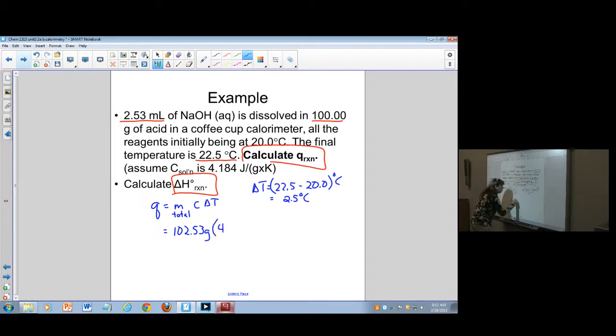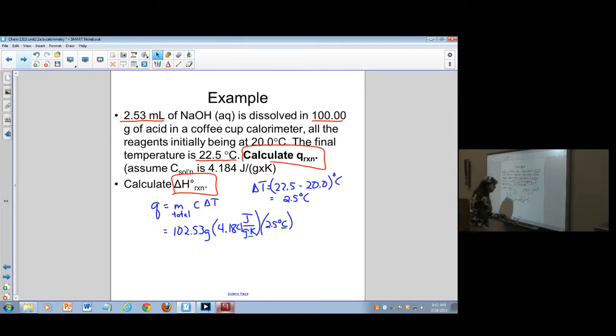We're going to use 4.184 joules per gram Kelvin, times our temperature change of 2.5 degrees Celsius. Does it matter that we are in Kelvin here and degrees Celsius here? No, because the change in Kelvin is equal to the change in degrees Celsius, so we don't have to mess with anything there.